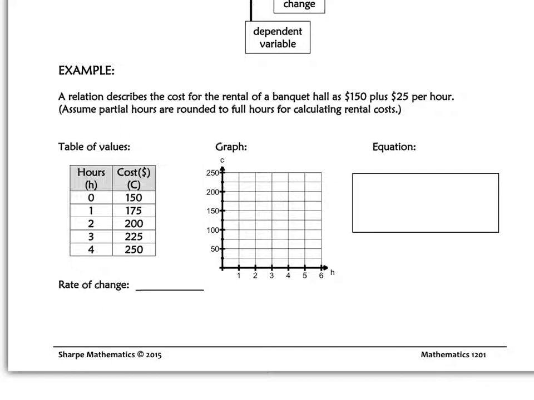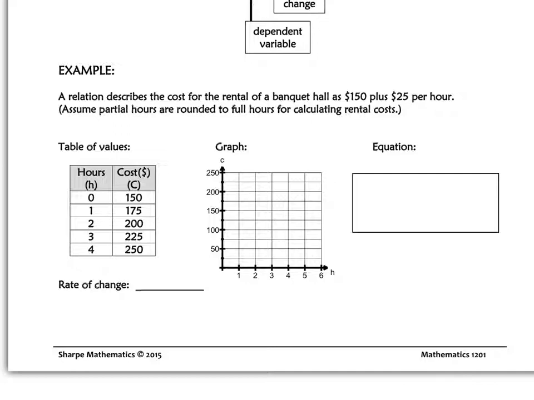So if we do a sample table of values for this particular relation, for 0 hours, it would be $150. For 1 hour, it would be your $150 plus your $25, so that would be $175. For 2 hours, it would be your $150 plus 2 times 25, or 50, so that would be $200, and so on.